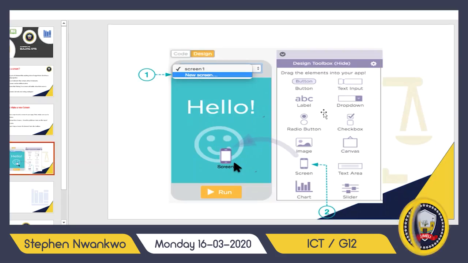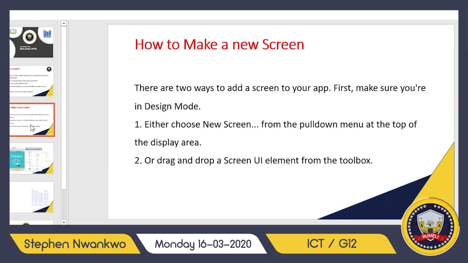You can go over to the design toolbox and you drag a screen onto the new screen that you want to create. So the two ways by which you can make a screen is to do what? You choose a new screen from the pull down menu, or you drag and drop a screen UI element from the toolbox.